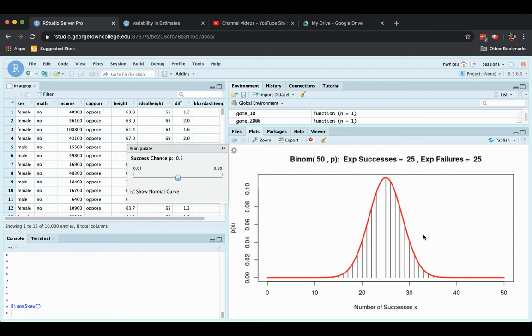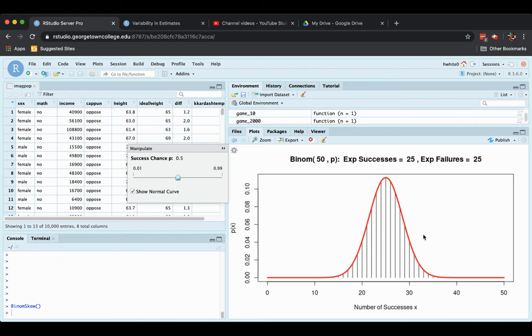So now I hope this demonstrates to you why the success-failure criterion is like it is. When the expected number of successes and failures is at least 10, people think that the distribution of a binomial random variable is reasonably close to a normal distribution.